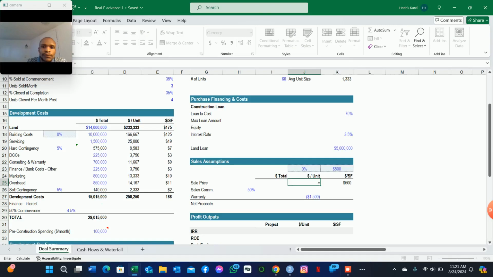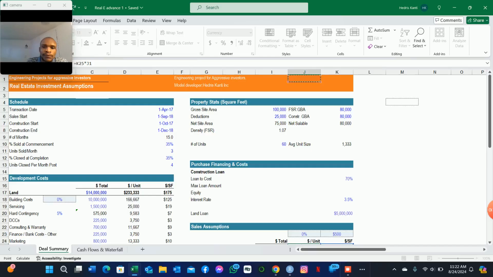So if we take that amount per square foot and we multiply it by the average unit size, we get the dollar per unit.